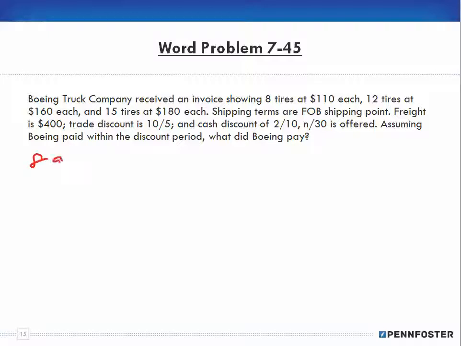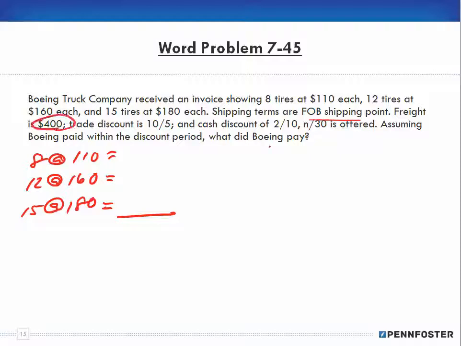And in the back of my mind, I'm going to end up multiplying those out and then totaling them up to get a total amount there. Shipping terms were FOB shipping point. Freight is 400.